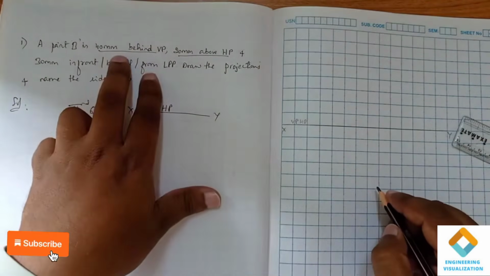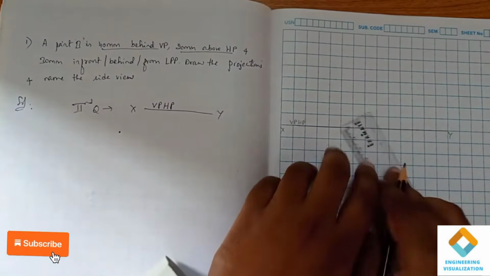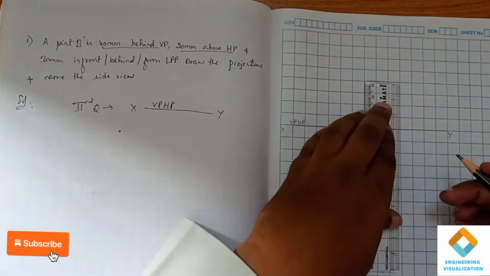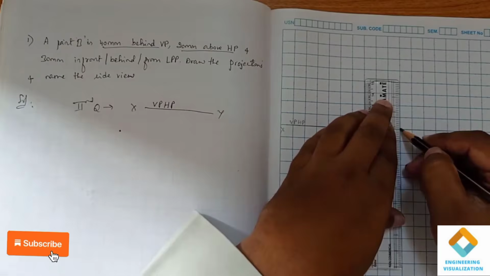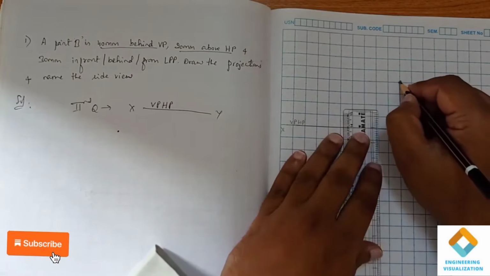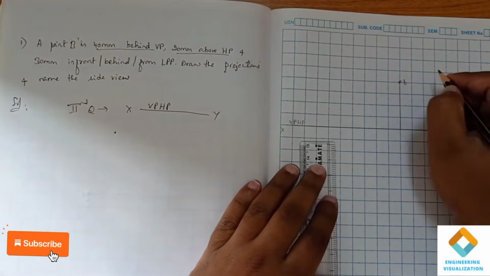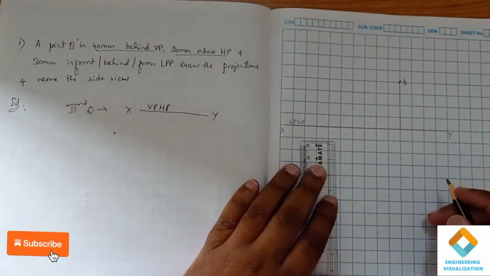Now, 40 mm behind VP. Behind VP means it is the top view. I'll draw it here, 40 mm means 4 boxes. So it is small b, top view. Now 20 mm above HP. Above HP means it is our front view.